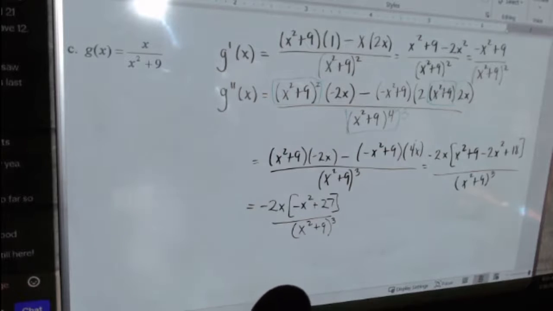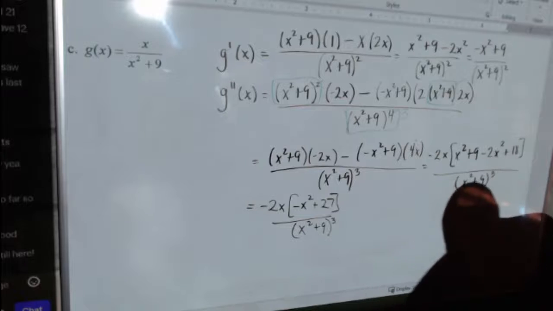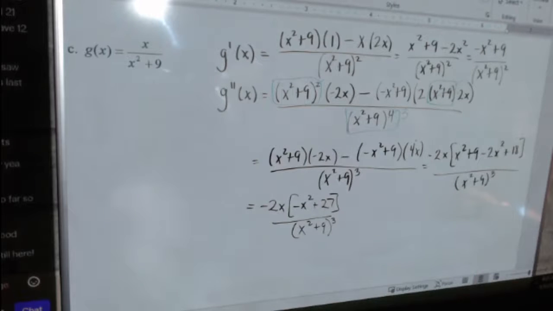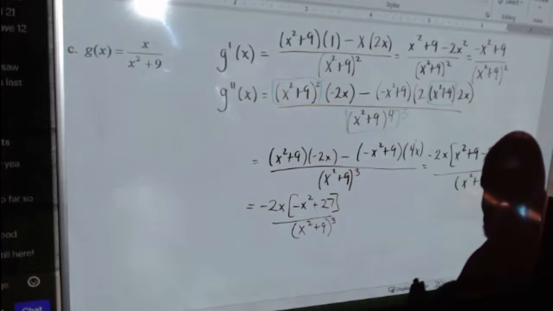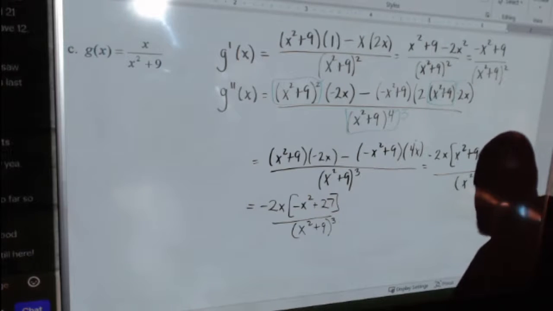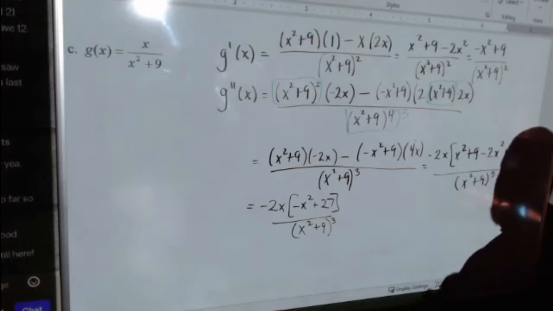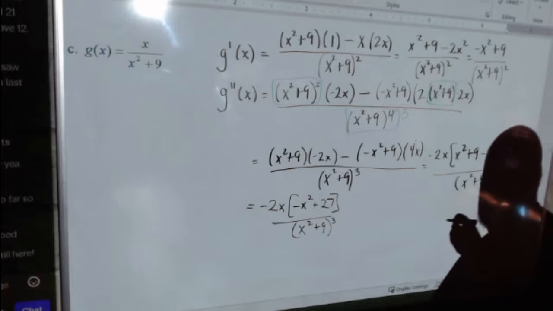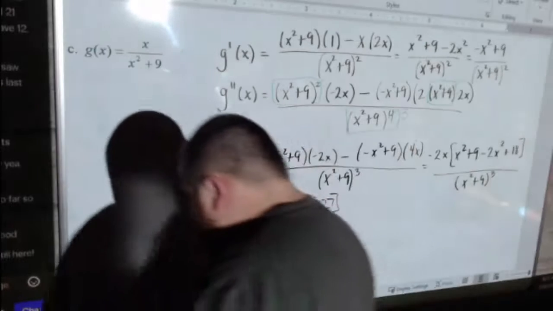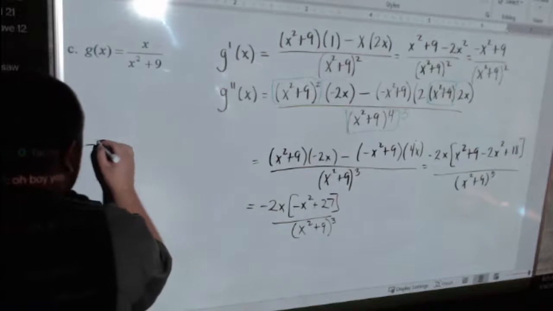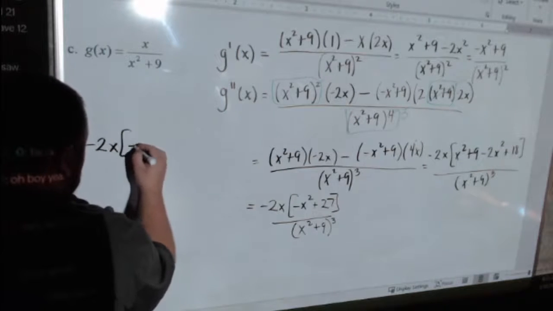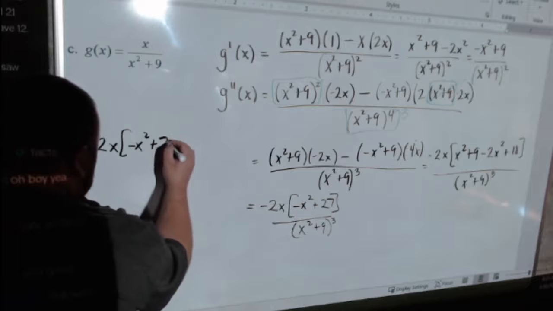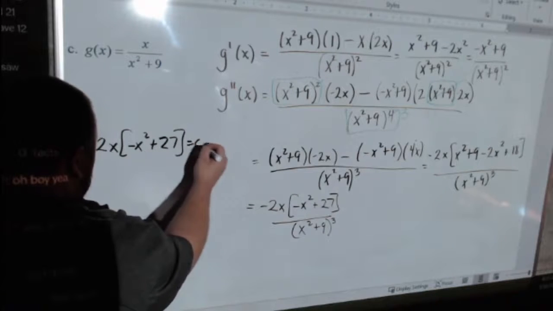For the second derivative test, we've got to take that, set it to 0, and we also need to find out where it's undefined. So basically, we're setting the numerator and denominator to 0. So I need to solve negative 2x times minus x squared plus 27 equals 0.